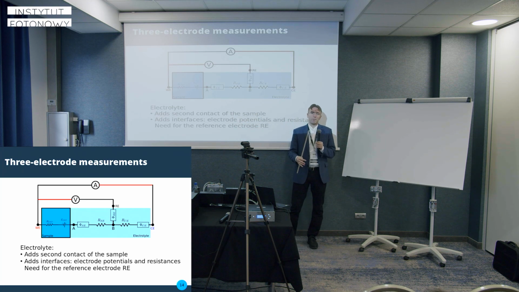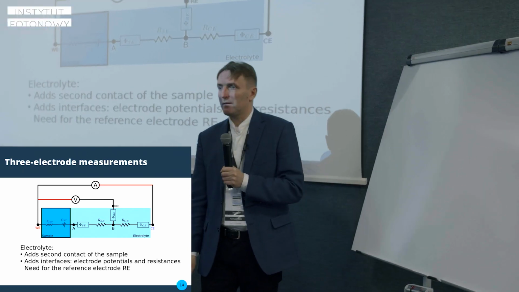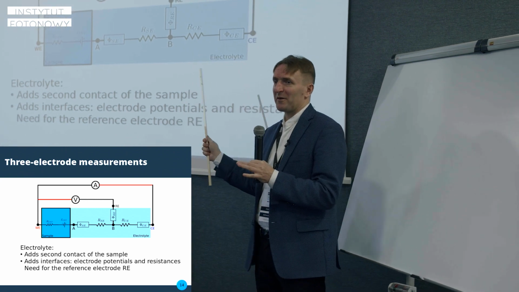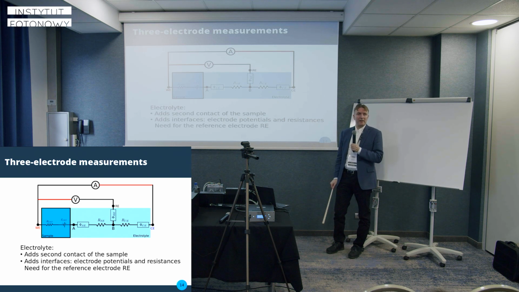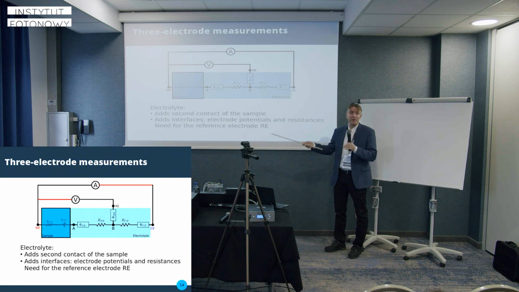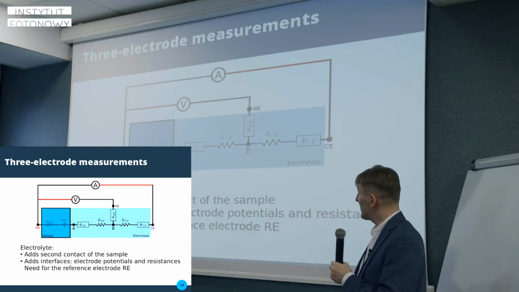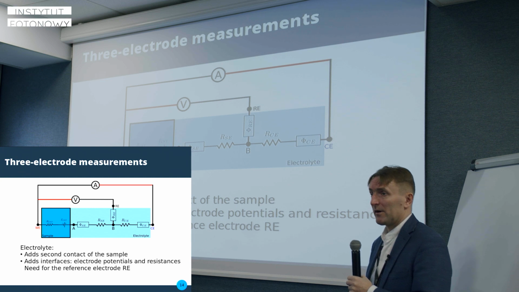So there will be a barrier for current flow between the electrolyte and the sample. And this is the simplest thing we can do really with this setup. Then we'll have our counter electrode, let's say a platinum piece of metal. It will also develop, not the same, but similar, for the same reason, a half-cell potential. So there will be a potential between this electrode and the electrolyte, and there will be perhaps some additional resistance here.